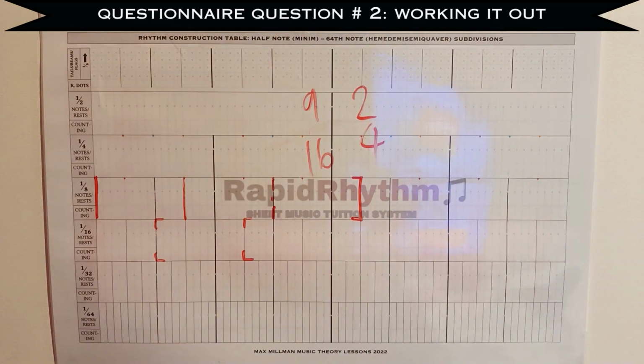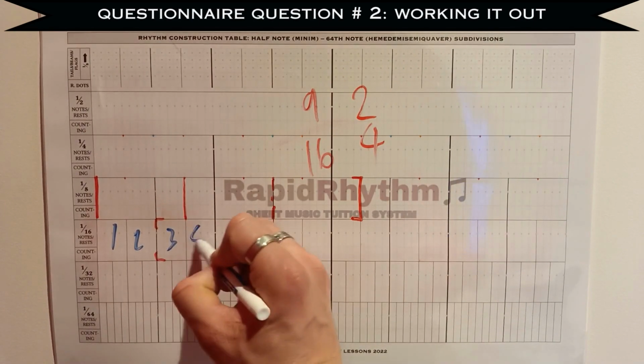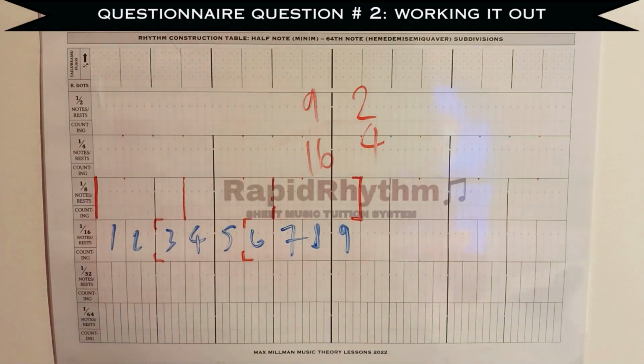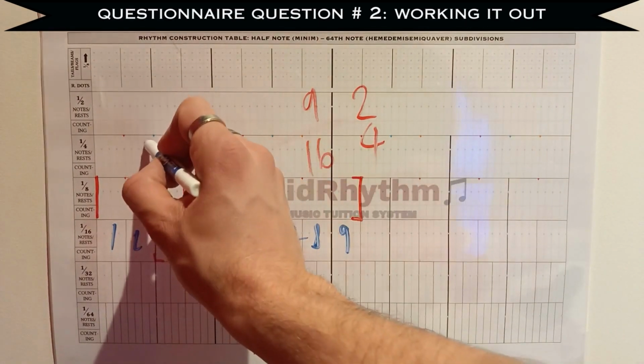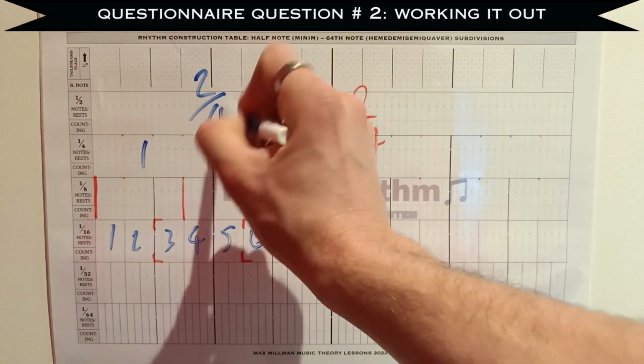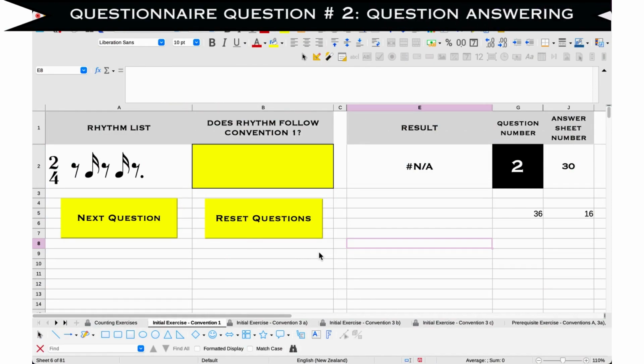So just to really illustrate that, 9/16 is 1, 2, 3, 4, 5, 6, 7, 8, 9, and 2/4 is 1, 2 quarter notes for 2/4. Oh, there you go.